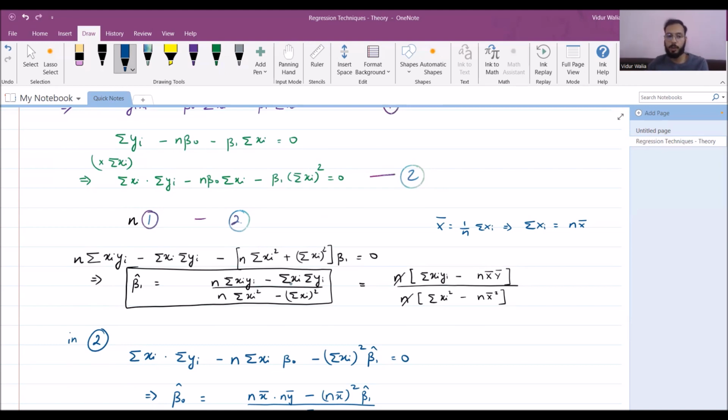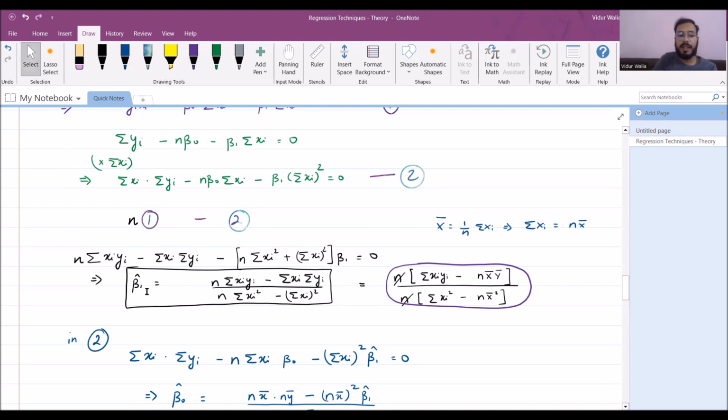So if I cancel these both, I get my value of beta 1 estimate of the slope as sum of xi yi minus nx bar y bar divided by sum of xi whole square. Now first you are squaring, then doing the sum, minus nx bar square. Right?